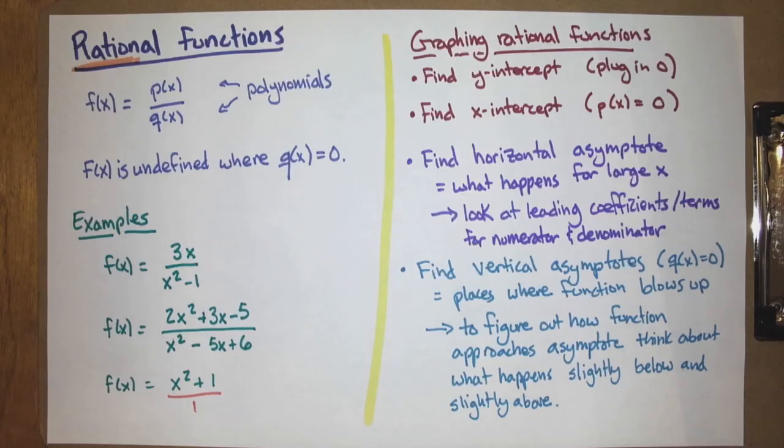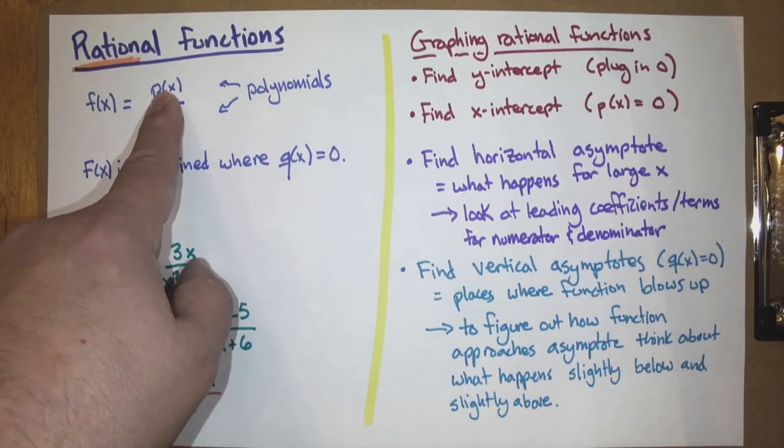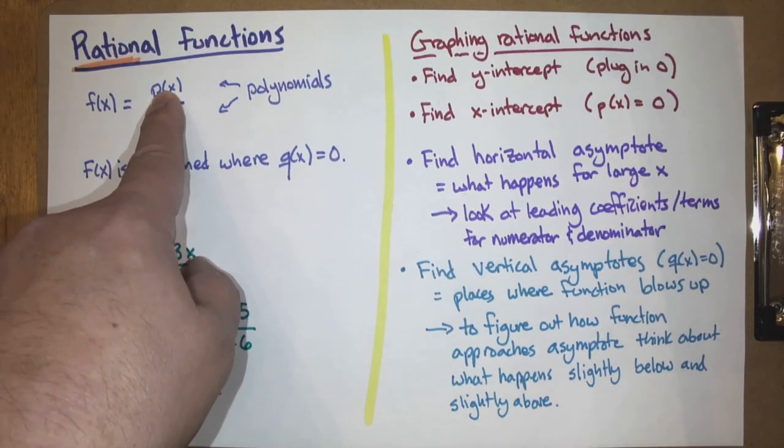That is not so bad. Plug in 0. So if you plug 0 into your function, that says what's happening when x equals 0. X equals 0 is the y-axis. We can see where we hit the x-axis. So where we hit the x-axis is determined by the numerator. So you set p of x equal to 0.